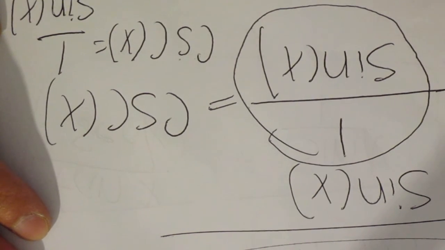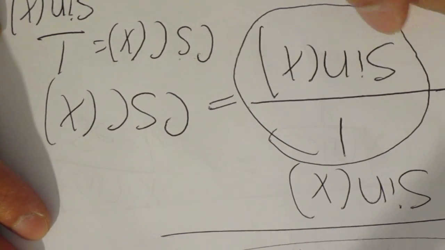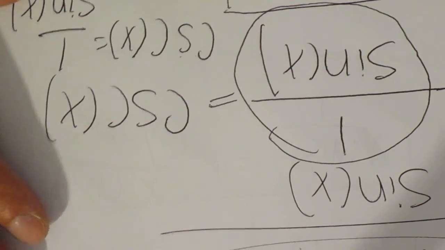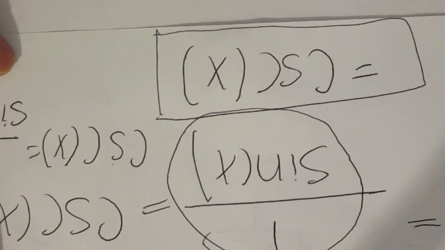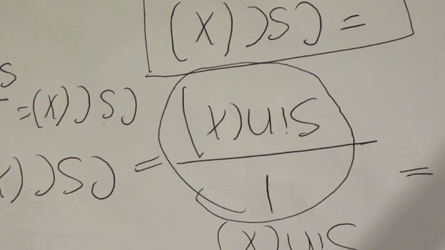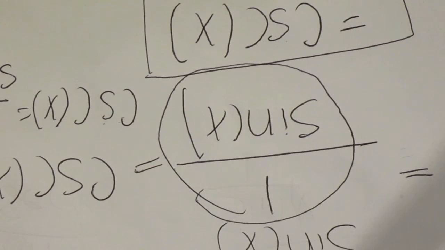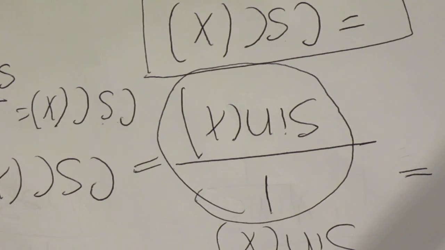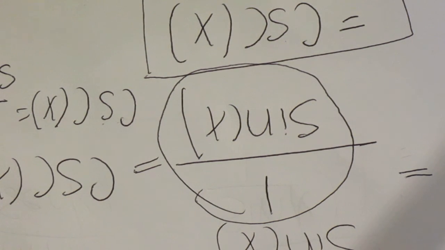So your answer is just cosecant of x. That is your final answer. So this is just an intro to the 6 identities, because for the next section we're going to learn about the sine graph, the cosine graph and the tangent graph. So this will be very helpful and handy. And that's it for this section.